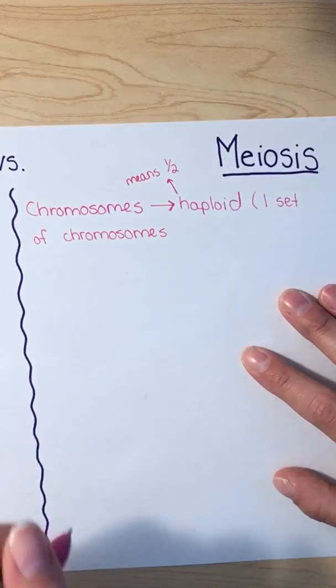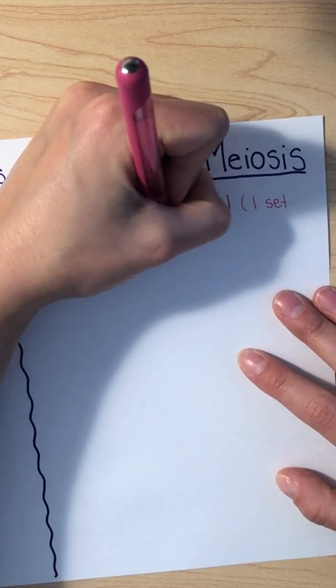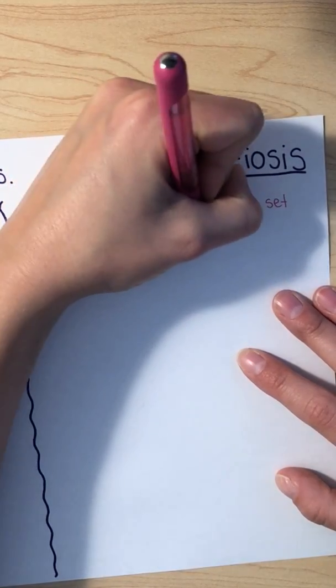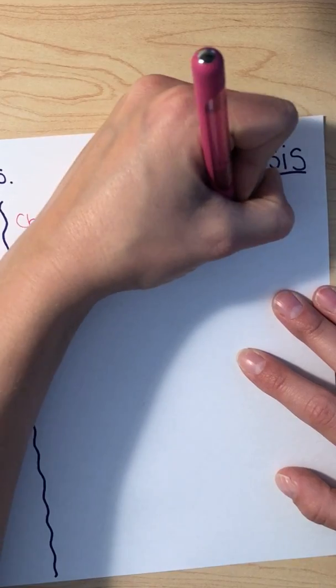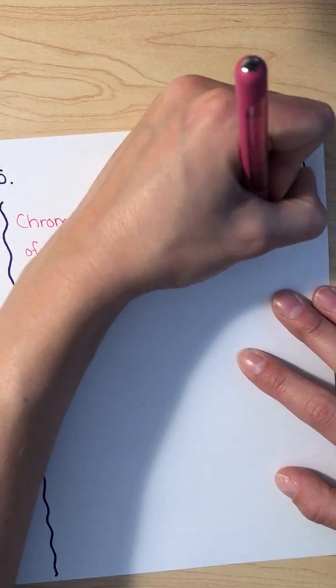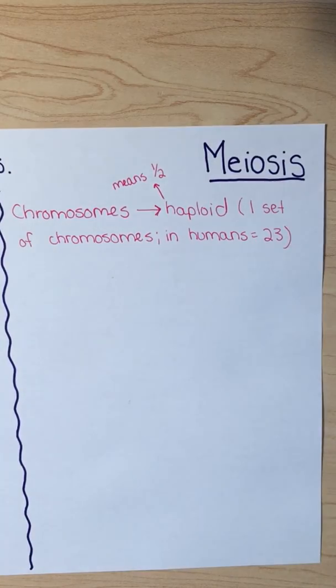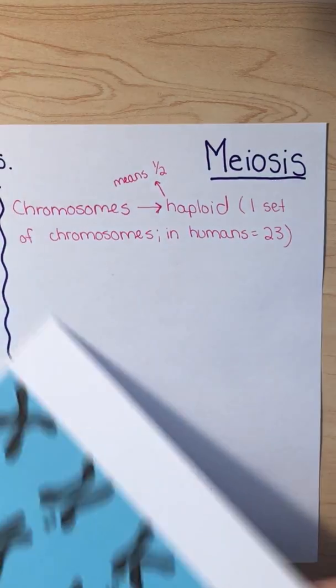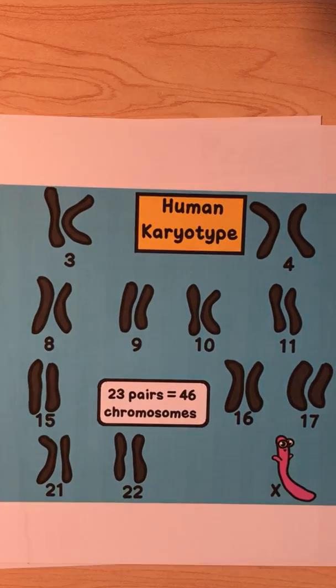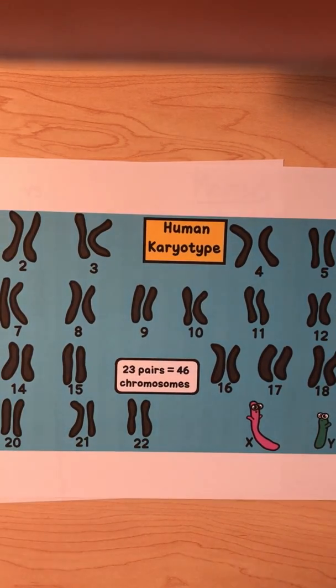Which in this case, in humans, equals 23 chromosomes. Okay, so if I look back at this karyotype again, most human body cells have 46 chromosomes, okay?